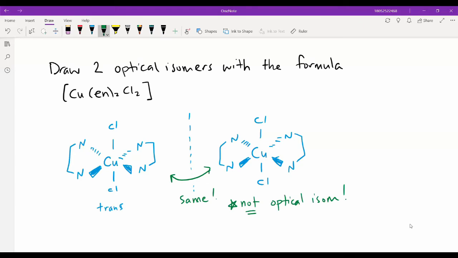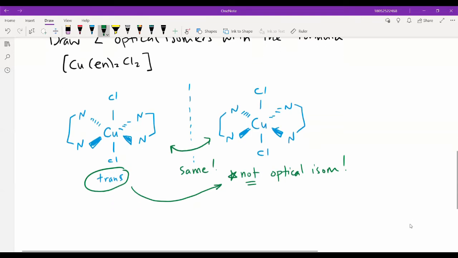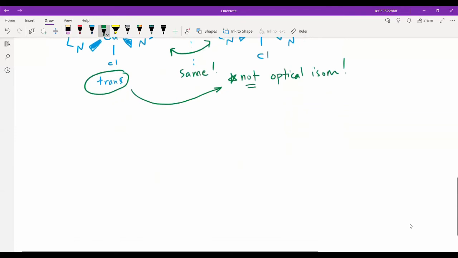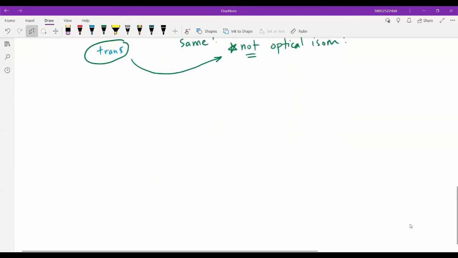Okay, so again, having this trans concept, the more legitimate definition is that there is symmetry in this molecule, which prevents it from having optical isomerism. If there's a symmetry plane in your molecule, you won't have this property.